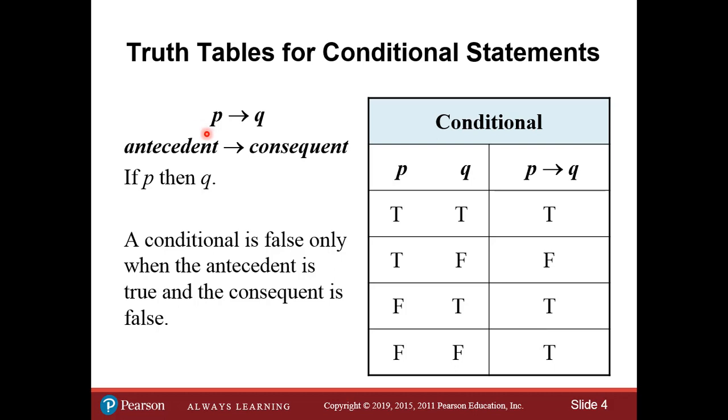Well, if he gets 100% on his spelling test and then I don't take him out for ice cream, then Brandon could say that I lied to him. But what if he doesn't get 100% on his spelling test and I decide to take him out for ice cream anyway? Did I lie?